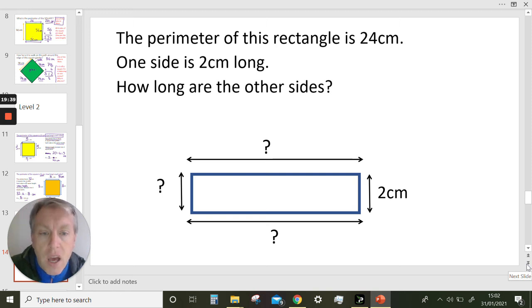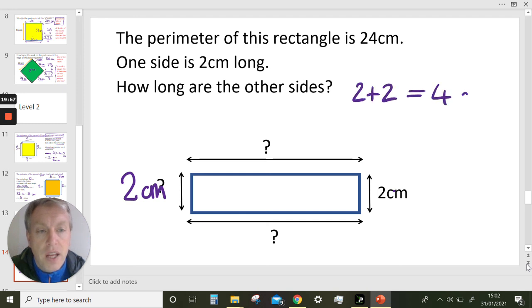Okay, I hope you had a go. Well, it's a rectangle, so the opposite sides are equal. This side is 2 centimetres, so this opposite side is 2 centimetres. So 2 add 2 is 4 centimetres.